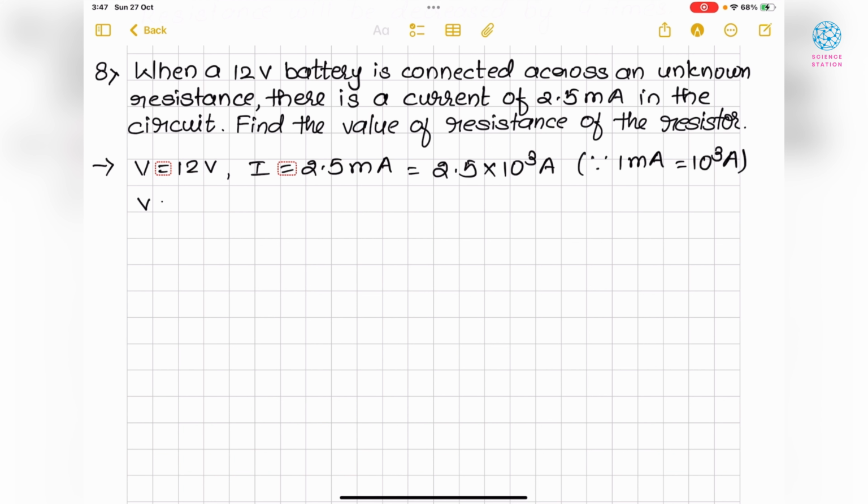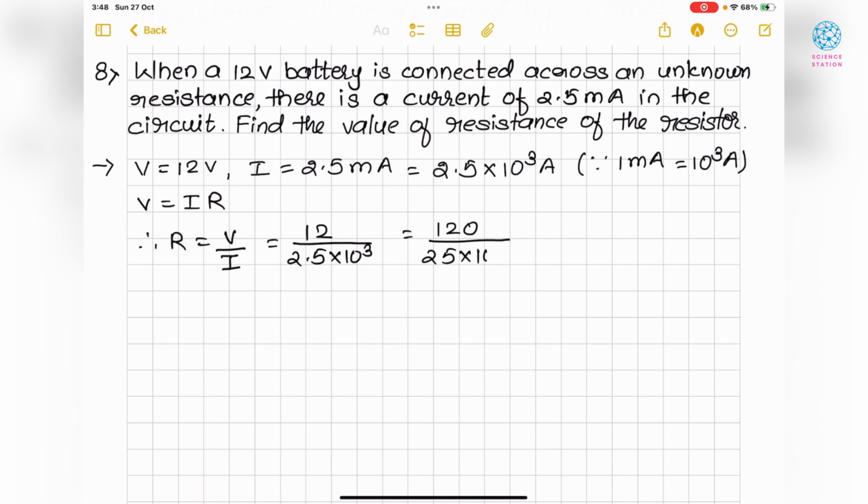So now we know that the formula is V equal to IR. So therefore R will be equal to V by I. So putting the values, I will have 12 upon 2.5 into 10 raised to minus 3. So if I remove the point from the denominator, it will become 120 upon 25 into 10 raised to minus 3.